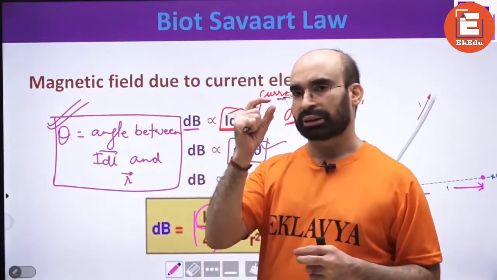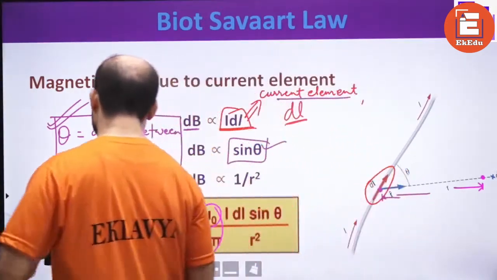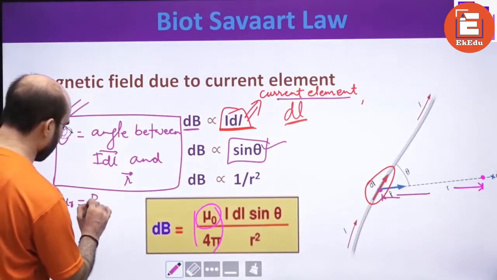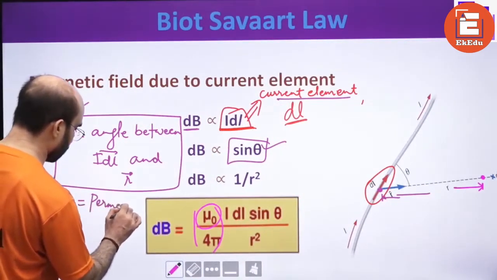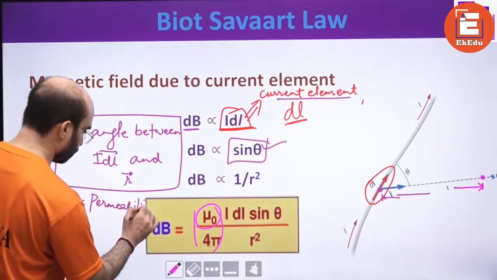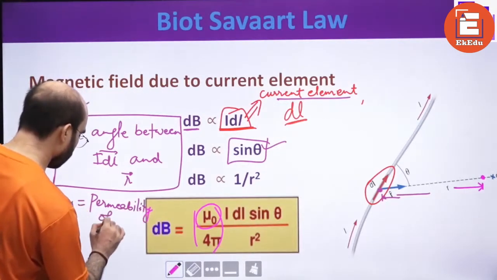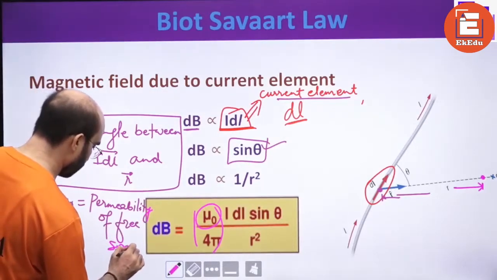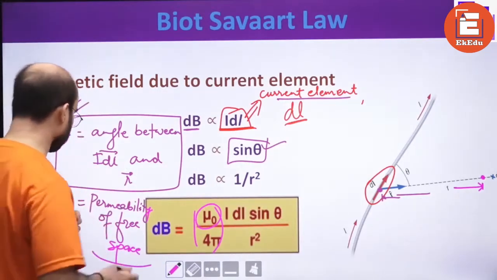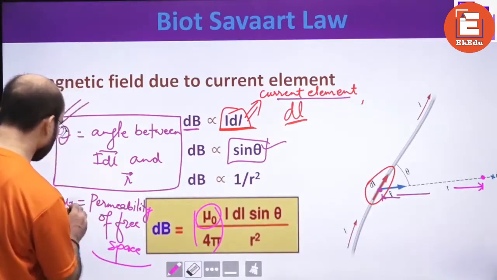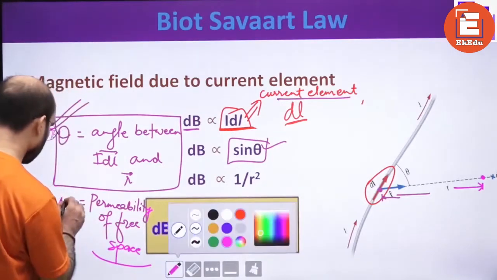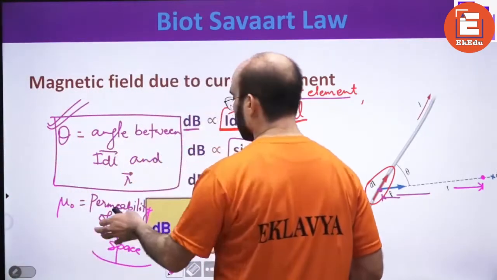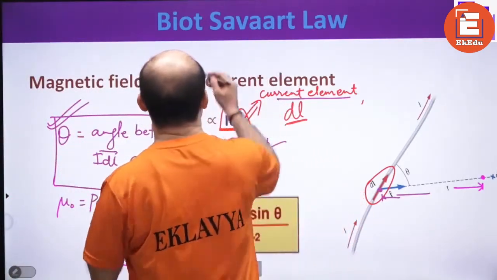Right now just understand that mu naught is called permeability of free space. Permeability of free space. And this mu naught is some constant value.